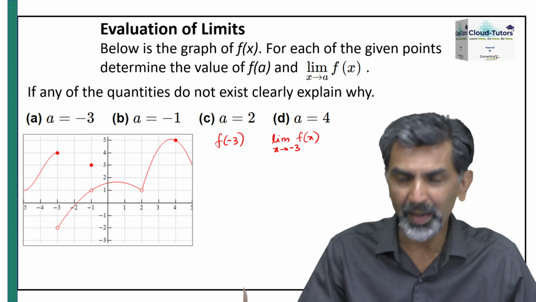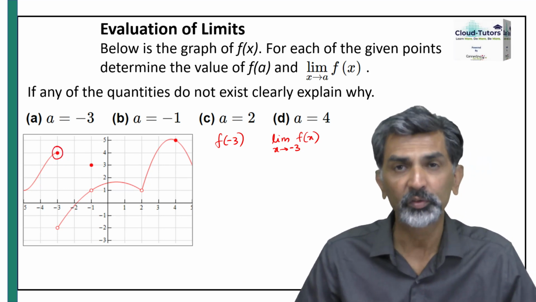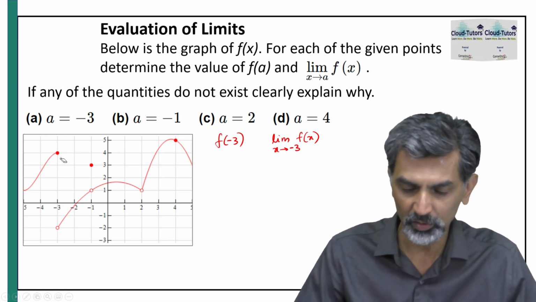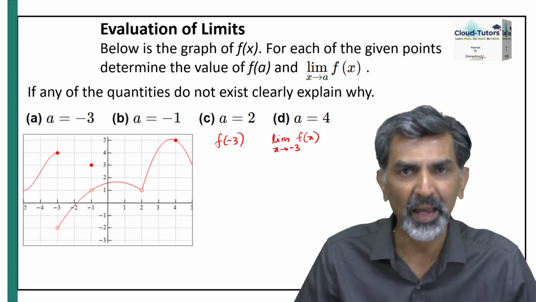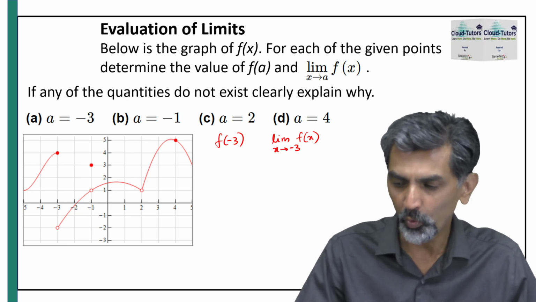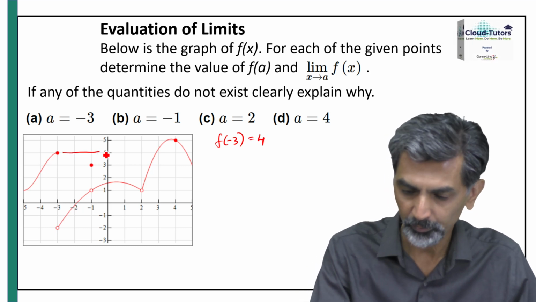Now f of minus 3 is this value here, because it's clearly given there with the notation that the value of the function at x is equal to negative 3 is 4. So let me write it here. This is 4.